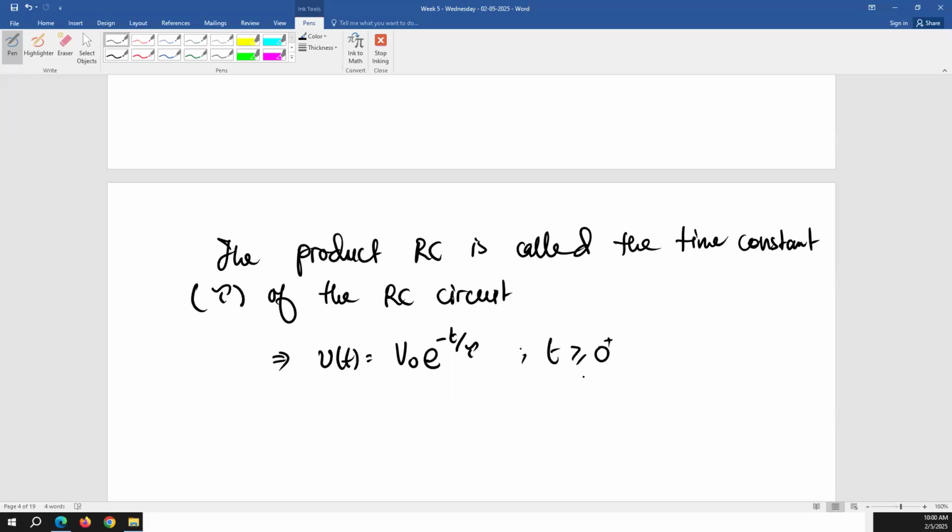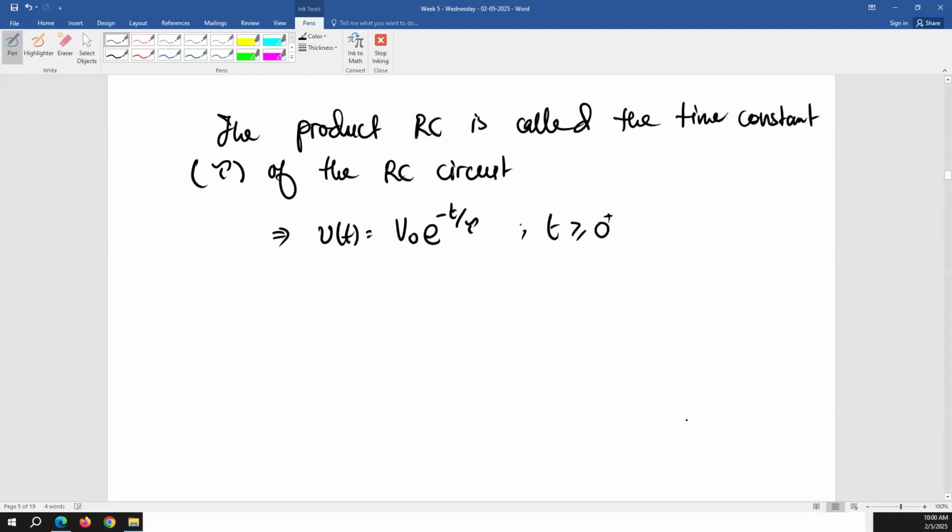What is the significance of the time constant? Or in general, how do you define time constant? To understand that, let's go ahead and plot this, but I'm just going to plot it freehand. Time and voltage.